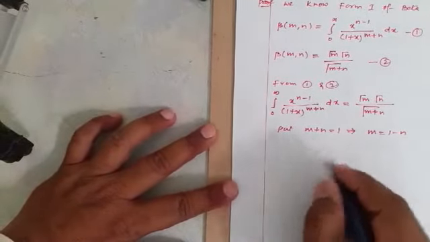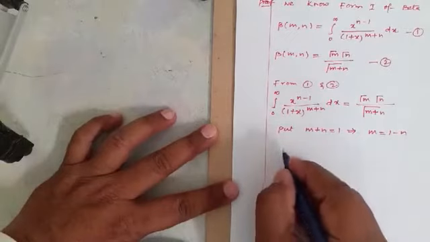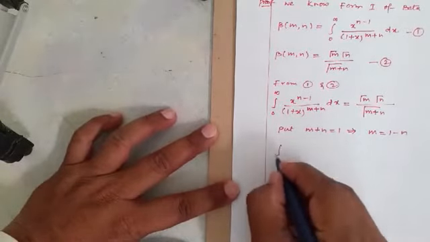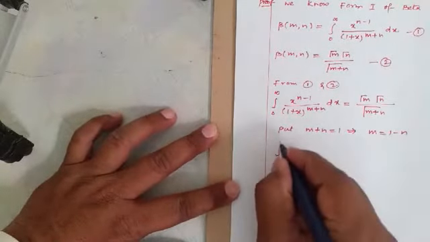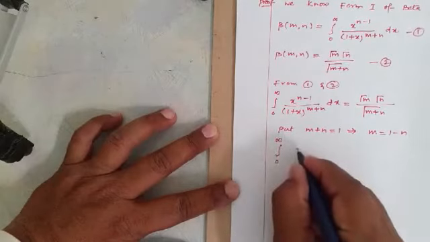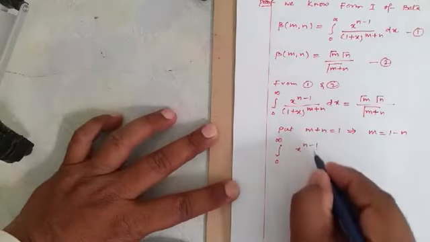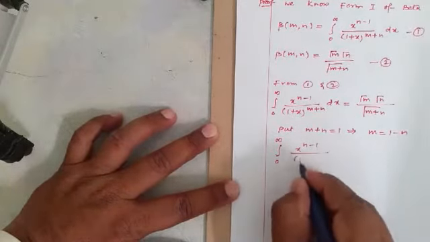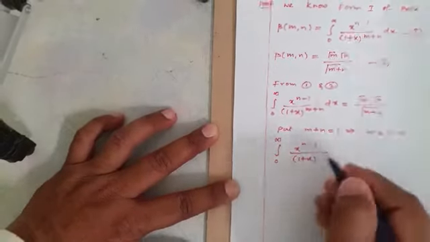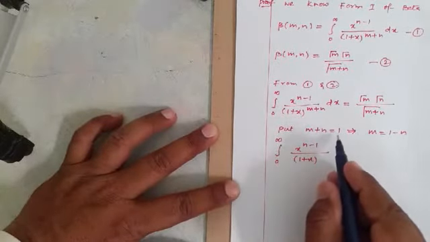So after this, we write integral 0 to infinity x power n minus 1 upon 1 plus x. In the place of m plus n we are writing 1.